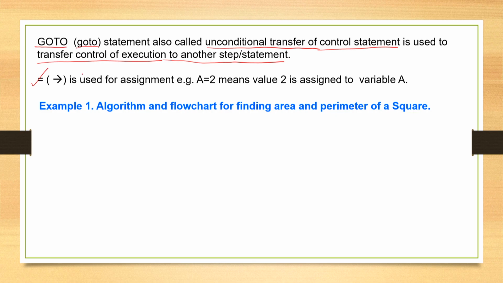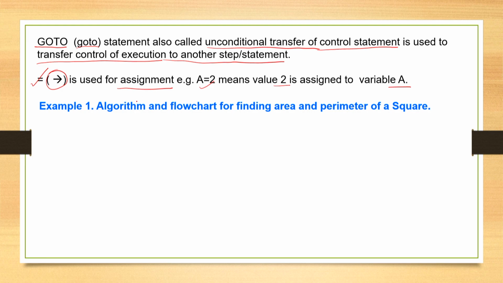This simple equals sign is called an assignment operator, or for that we can use this symbol also. A equals 2 means the value 2 is assigned to A. Okay, so these are the basic things that are required for writing an algorithm.